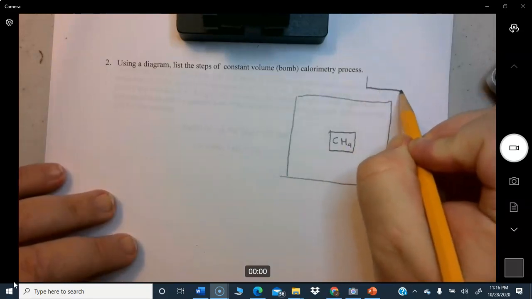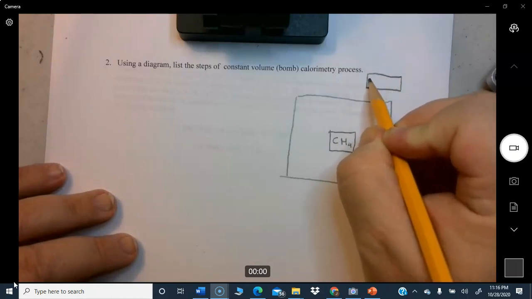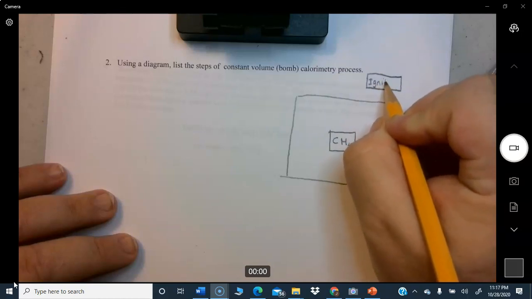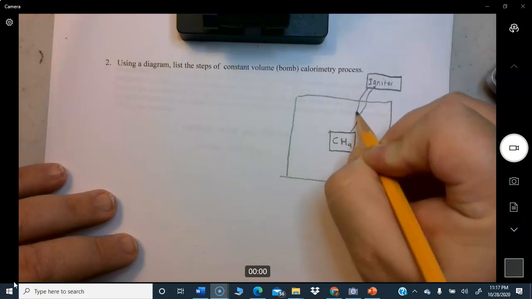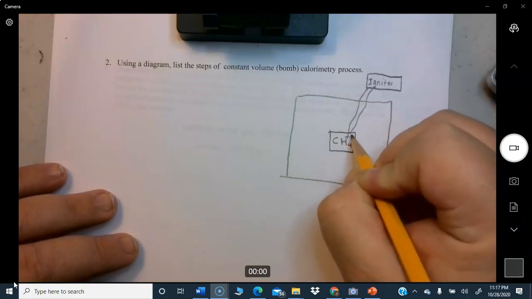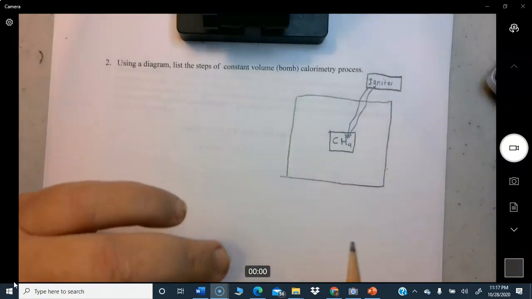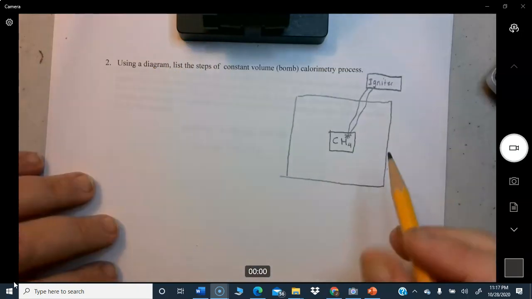Outside here you have an igniter. That's just something that ignites. It sets off this fuel. And what you have is a couple wires going down there to form a spark. That's a little spark right there, and that causes this to ignite. Once that happens, it operates pretty much like a coffee cup calorimeter.